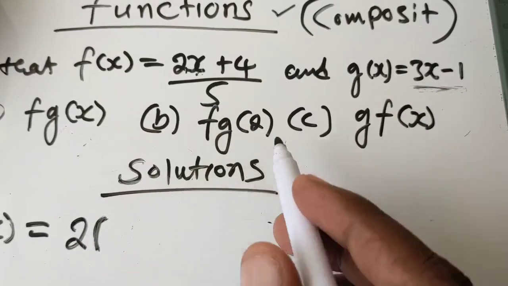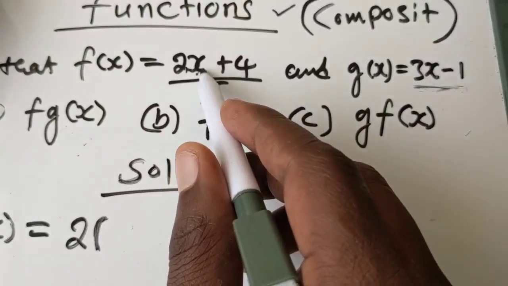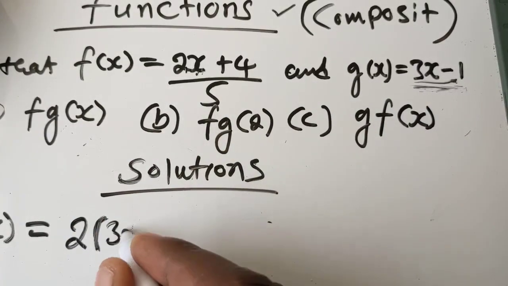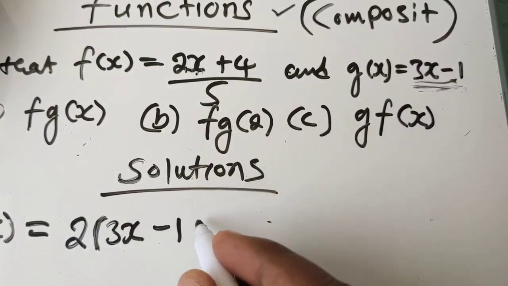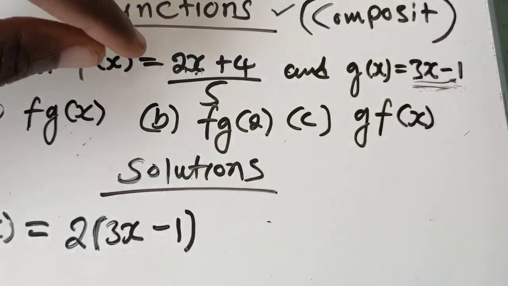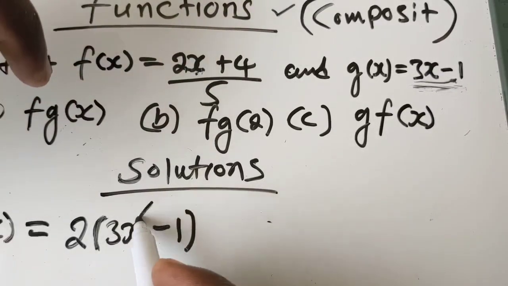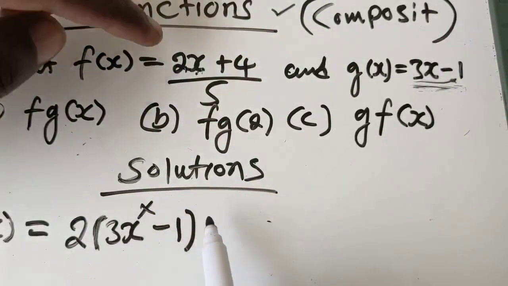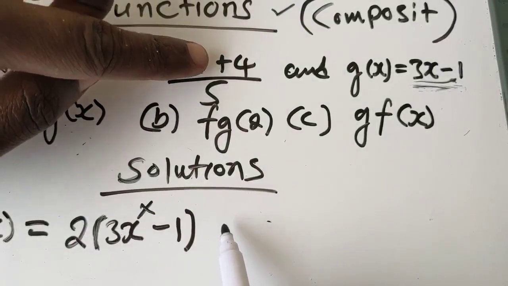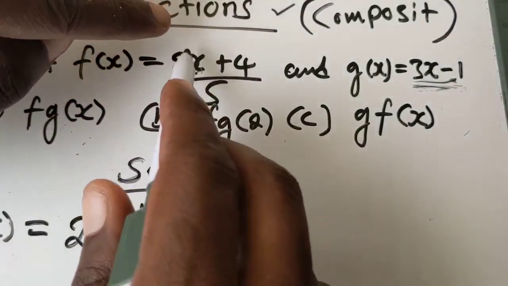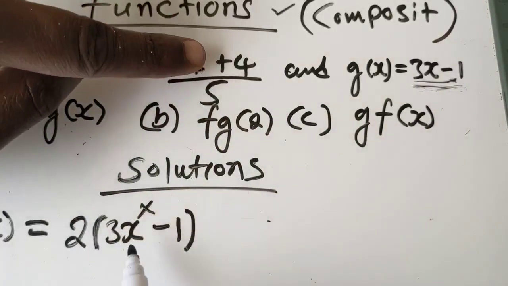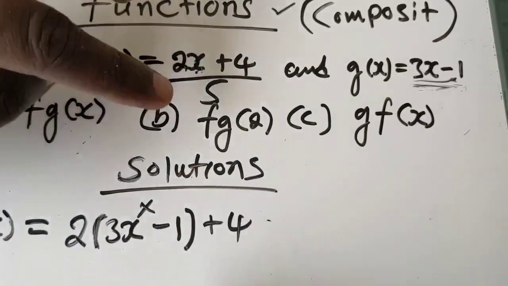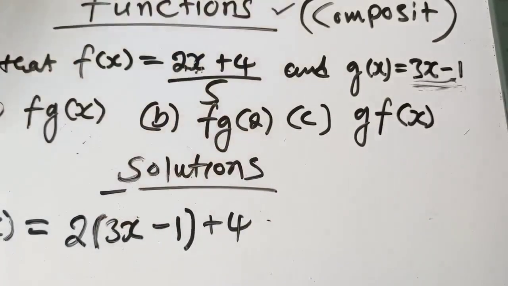You're multiplying, so we remove x and put 3x minus 1, then close the bracket. This whole thing has been replaced by x. So what has remained is plus 4.